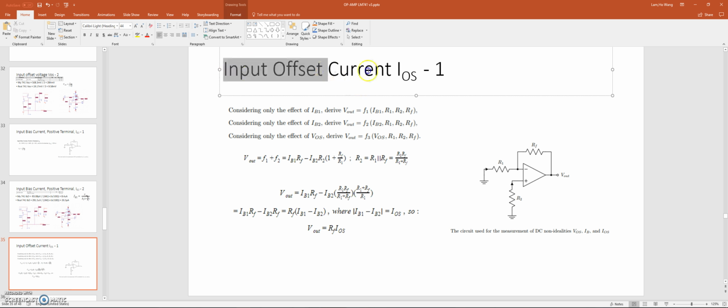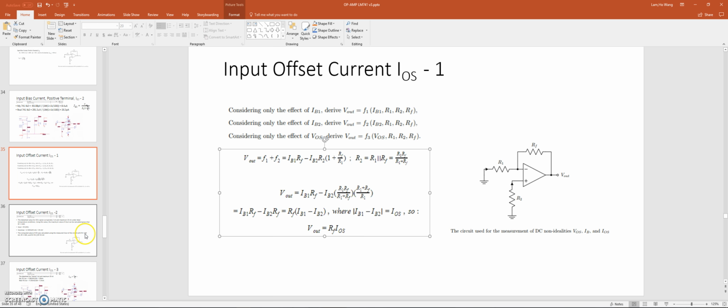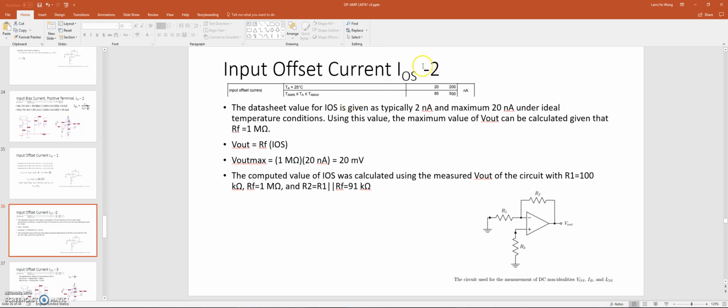And then we want to go to the input offset current. We're going to use this setup, and here are the equations to calculate the I offset. From the datasheet, the typical is 2 nanoamp, maximum 20, and we're using RF of 1 mega, and R2 is equal to R1 parallel with RF, which is 91 kilo.